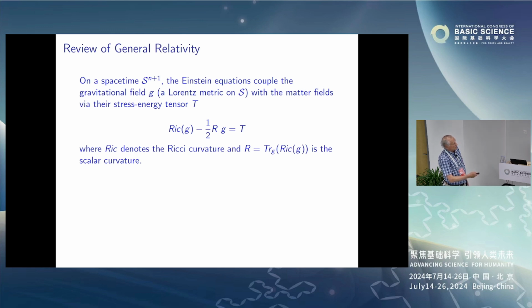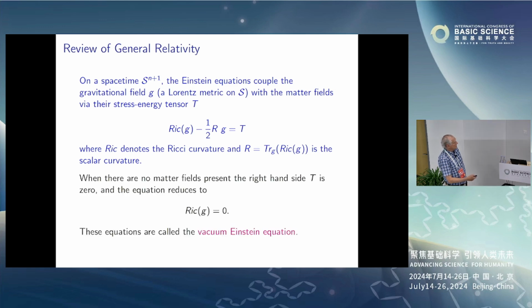Now, in this talk, I'm usually going to assume there's no matter, so T will be 0 most of the time, in which case the Ricci is also 0. So this Ricci is the Ricci curvature of the Lorentz metric on the space-time, and so these are the vacuum Einstein equations, which will be of primary interest to us.